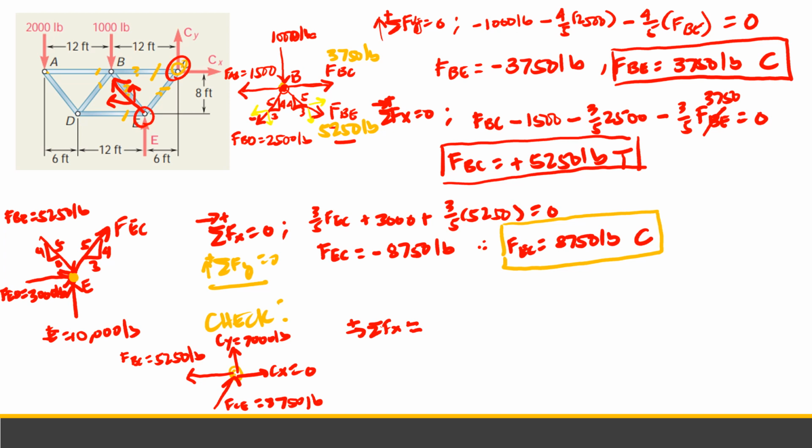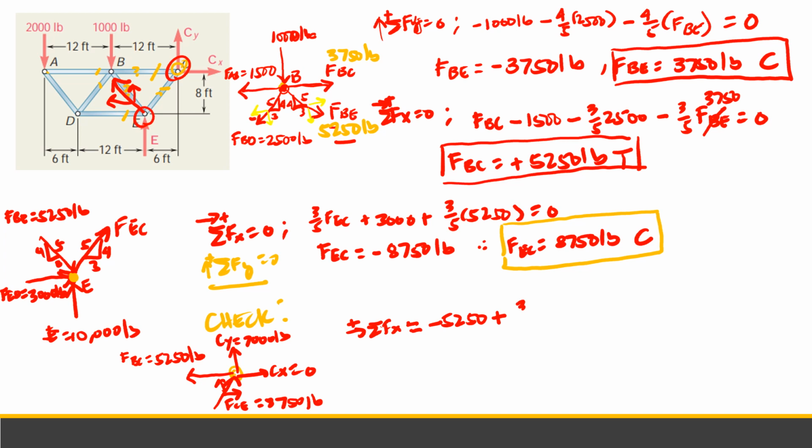So this is equal to, first, negative 5,250, plus, this has a positive x component and a positive y component. The slope is still the same, 3, 4, 5.